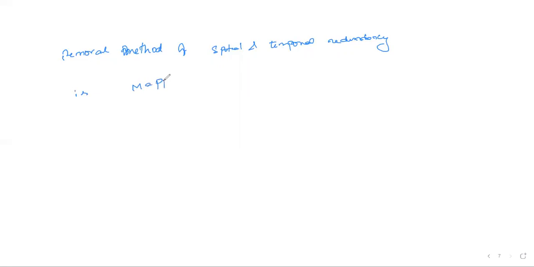mapper. Okay. So the mapper will perform non-visual transformations between the pixels. For example, we use run length coding.